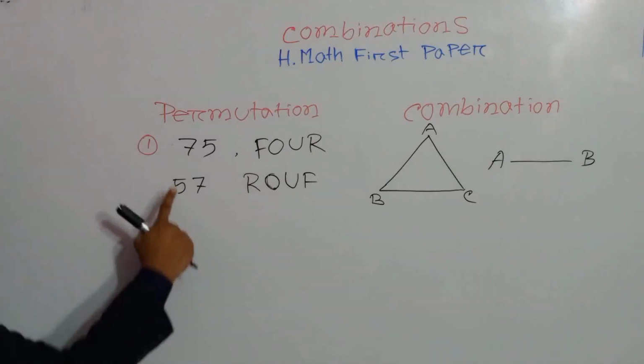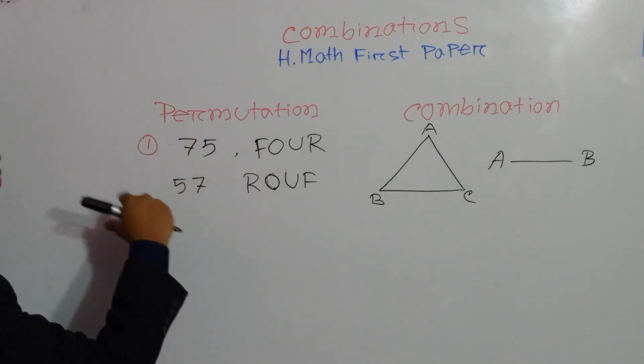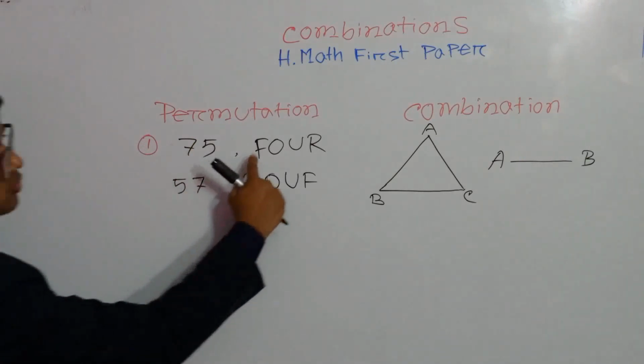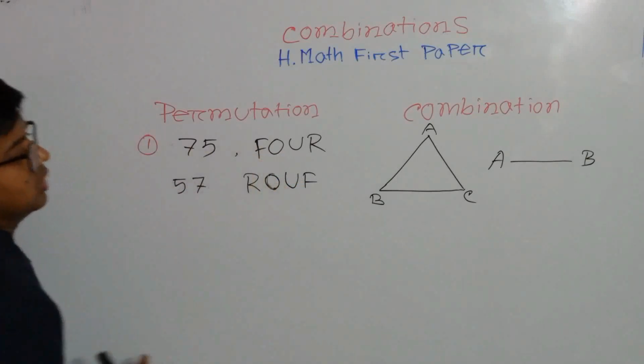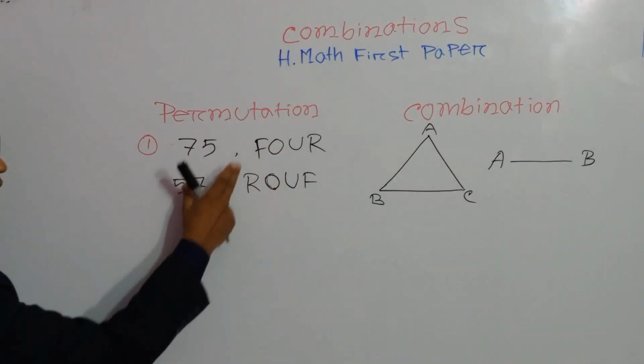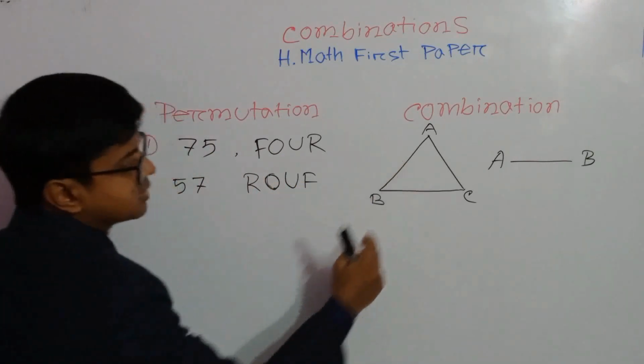Here 75 and 57 are two totally different numbers, and 4 and roof are two different words. So here order is a factor.